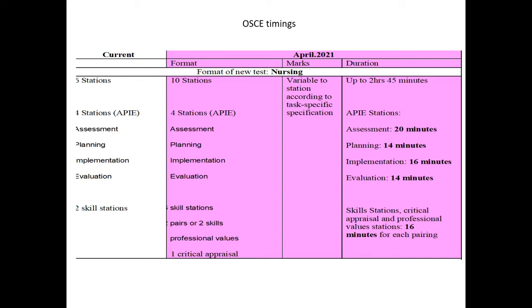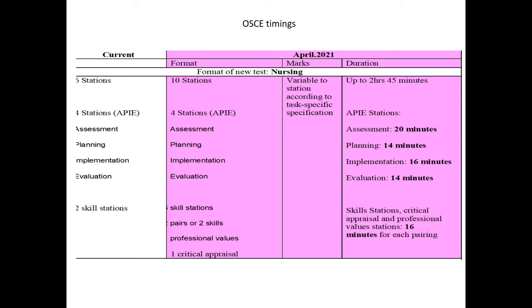When you move to implementation, they call it implementation, but it's administration of oral medications. Here it's the same patient, and you're going to have time to read your scenario again.